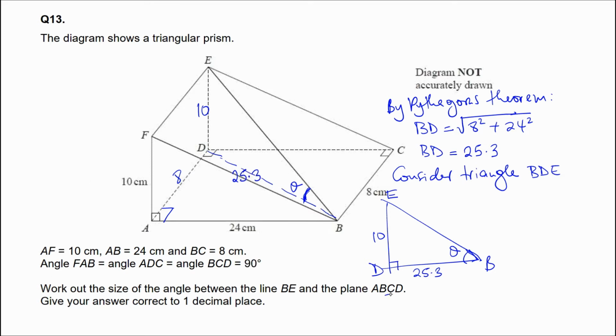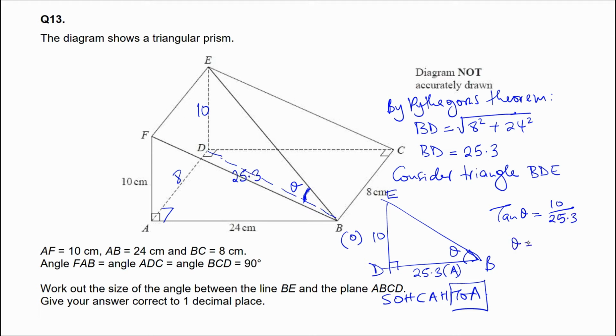So if you just use SOHCAHTOA, this is the opposite, that's the adjacent. So basically the tangent ratio is the one that applies. So we can go ahead and say tan theta is equal to opposite 10 over 25.3.